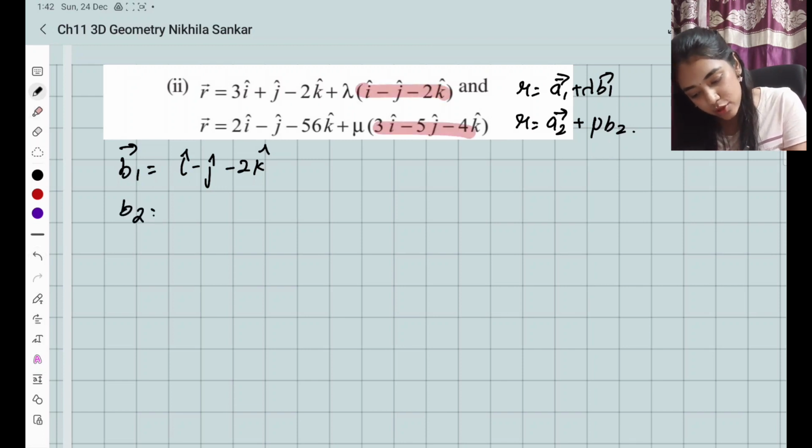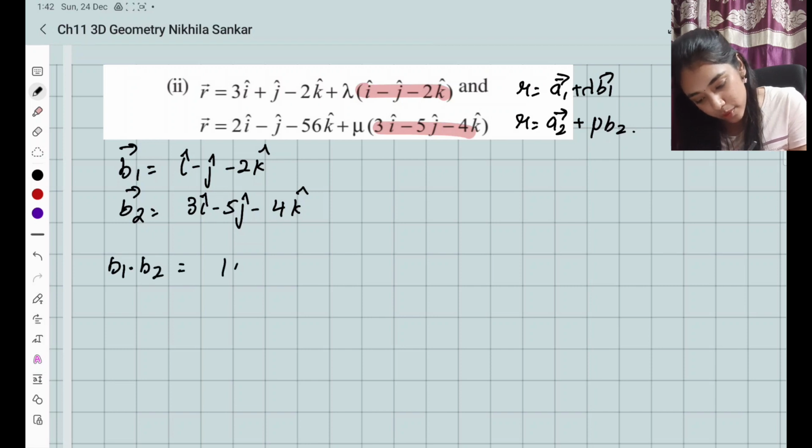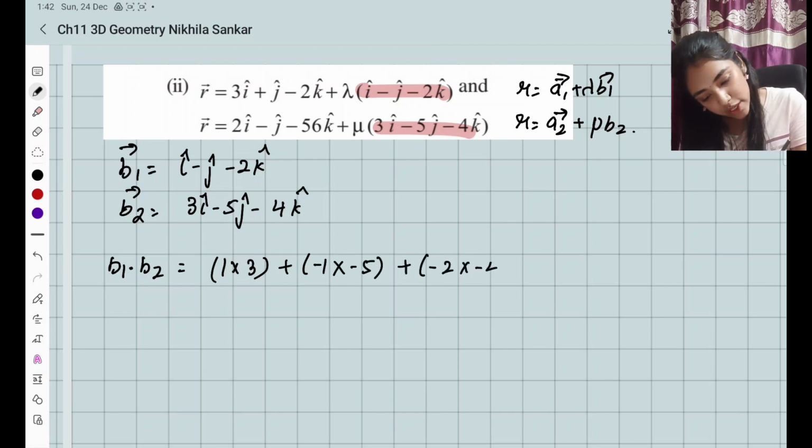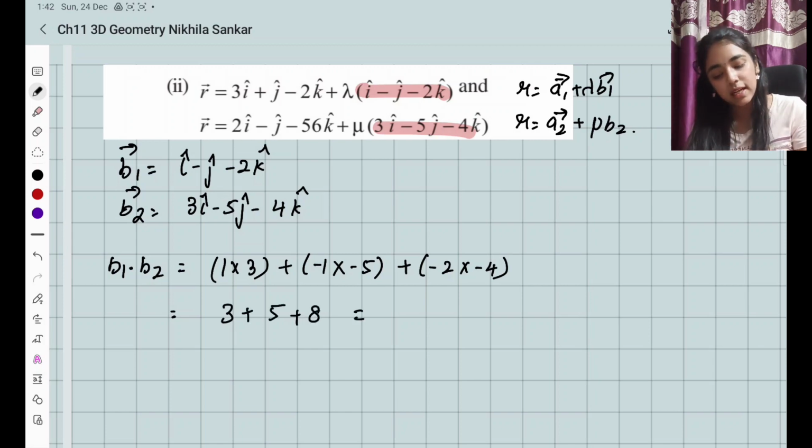So I write B2 equals 3i cap minus 5j cap minus 4k cap. So adhe mari dot product B1 dot B2 is going to be 1 into 3 plus minus 1 into minus 5 plus minus 2 into minus 4. So this is going to be 3, plus 5, plus 8, which is 16.